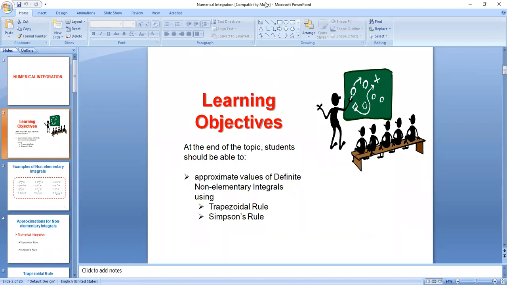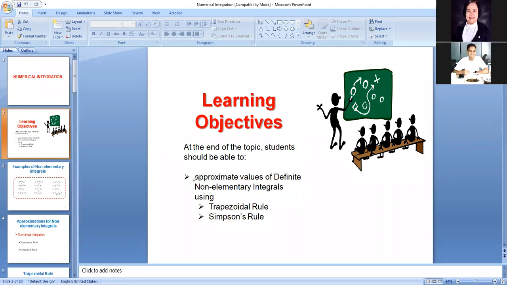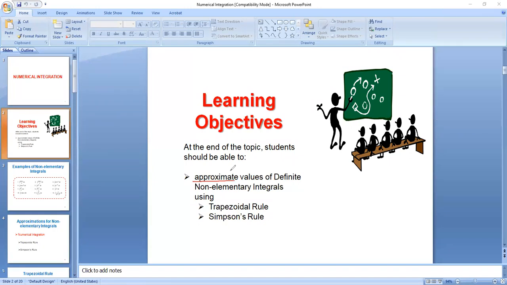However, you have to take note, class, of the term here that was used, approximate. So meaning it does not really get the actual value of the integral, but rather only approximates the value, meaning it will give you a value that is near the real value.